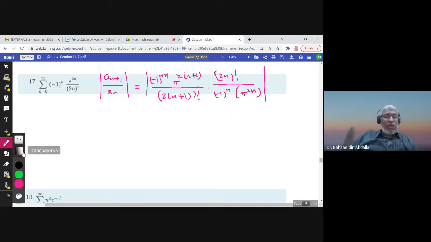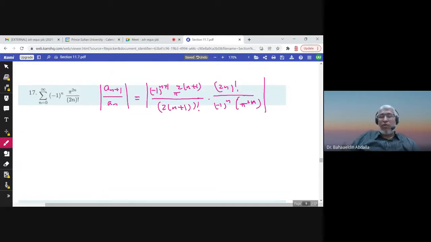Now let us concentrate to find what are the cancellations here. Well, this one is 2n plus 2 factorial. So it's 2n plus 2 times 2n plus 1 times 2n factorial. And these two will be cancelled. And this is pi to the power 2n times pi to the power 2, 2 times 1. So I can cancel these two and I'll have pi square. And I can cancel these two and I'll have negative 1 here.